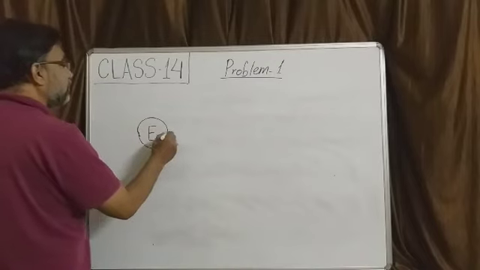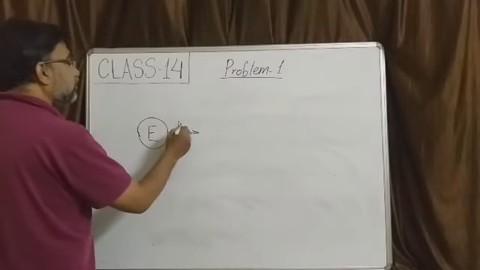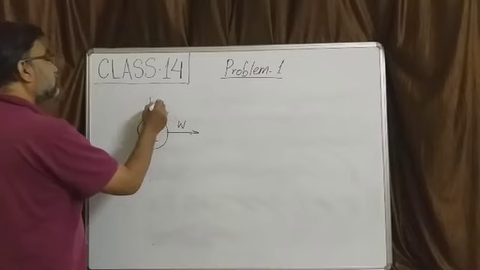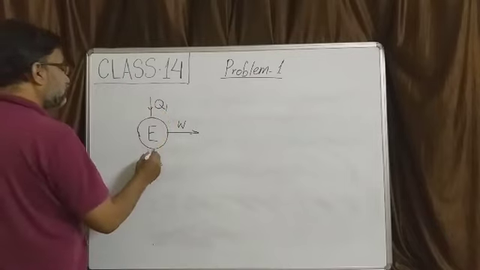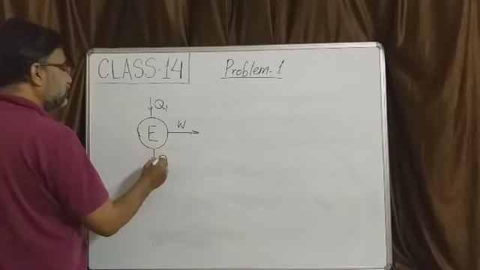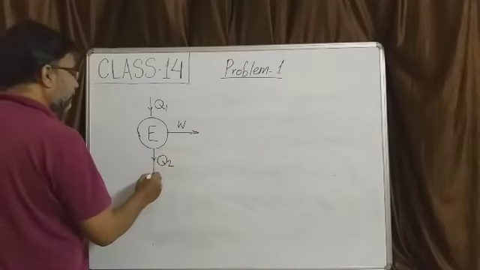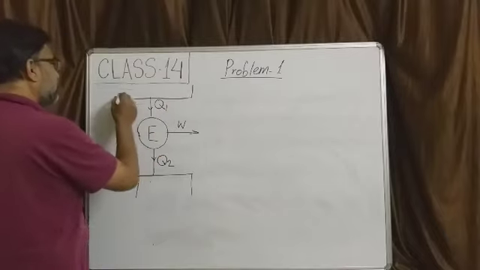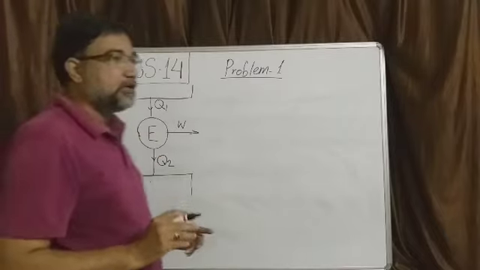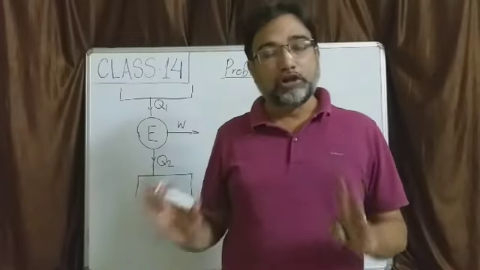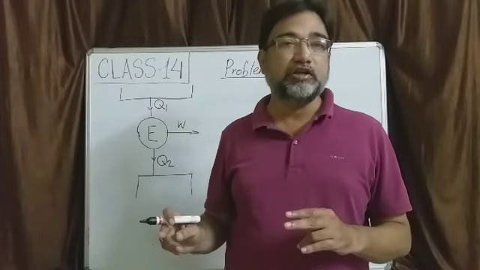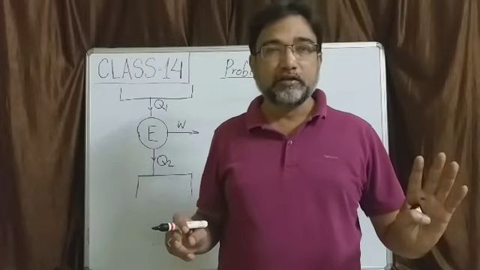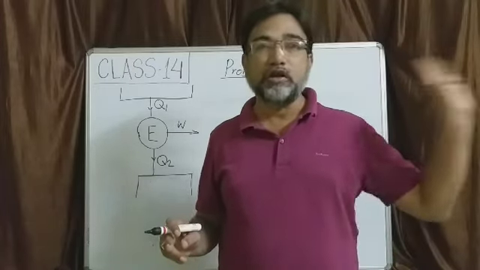Now this engine produces W amount of work by absorbing Q1 amount of heat and rejecting Q2 amount of heat. Right? So how many Q terms do we have in this arrangement? There have to be 4 Q terms. 2 Q terms for the engine, Q1 and Q2, and 2 heat terms for the refrigerator. Okay. So Q3 and Q4.